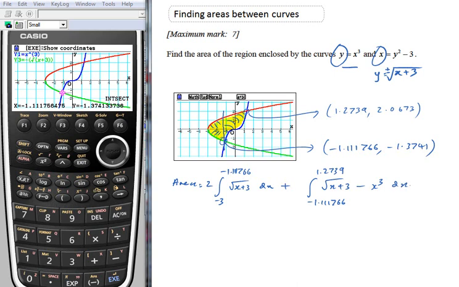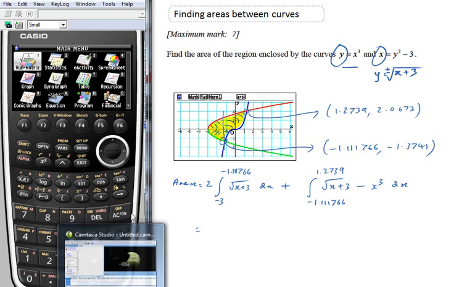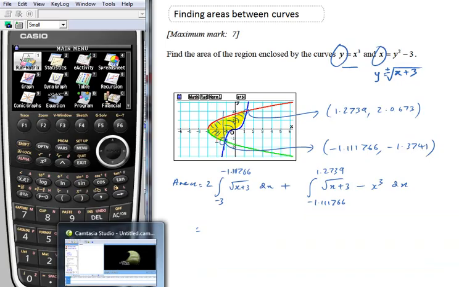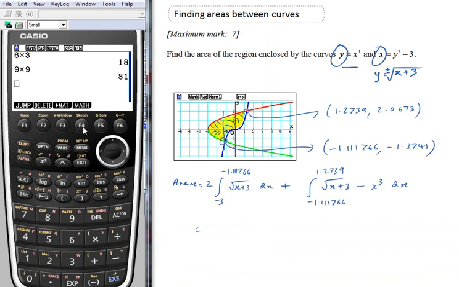Now, the first section has actually shown the examiner you have some idea of what you're plotting. You've now given the answer. This is how you're going to find the area. And the rest of the work you've got to do is of course going to be on the calculator. So let's return back to the calculator, go up to the normal run mode. We'll need the integral.